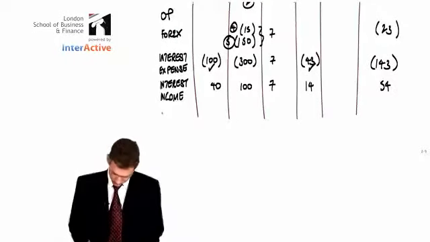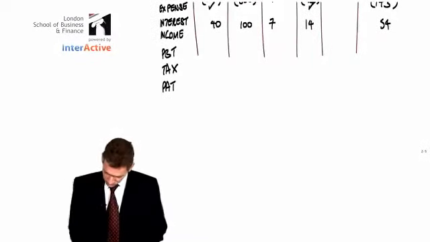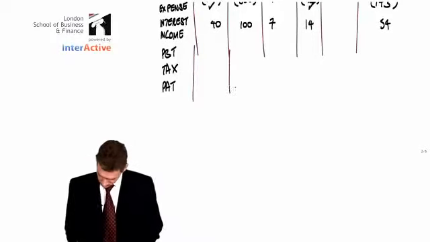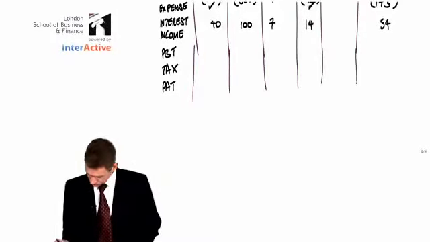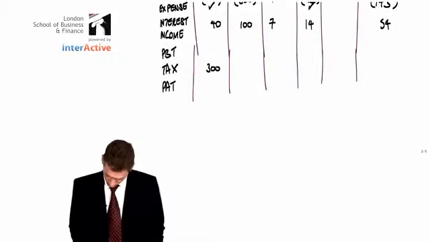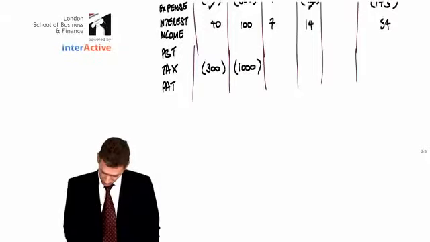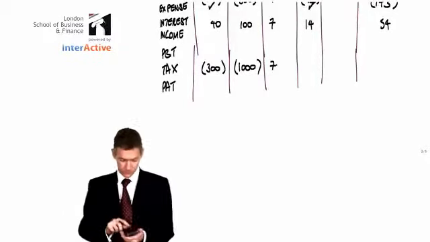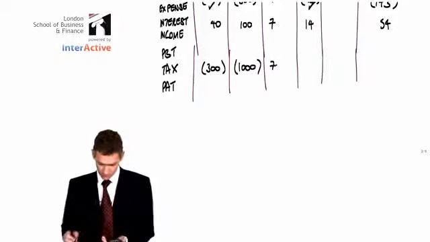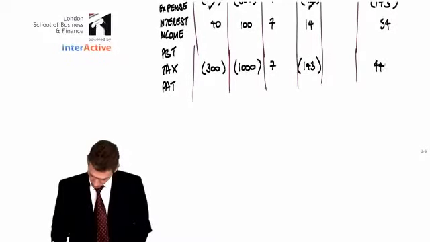Finally, tax. $300, 1,000 divided by 7, 143, 4, 4, 3.